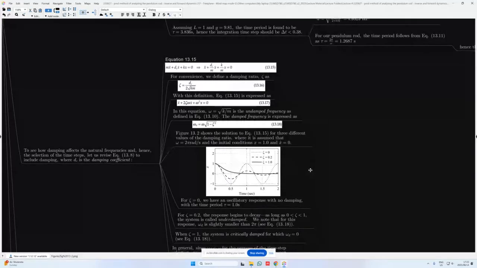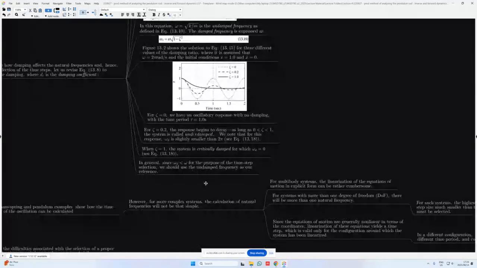So if we look at figure 13.2, we can see the effect of this damping ratio. For zeta equal to 0, we have an oscillatory response with no damping, with the time period tau equal to 1 second. If, however, the damping ratio is 0.2, the response begins to decay. As long as zeta is between 0 and 1, we call the system underdamped, and we note that for this response, omega d is slightly smaller than 2 pi.